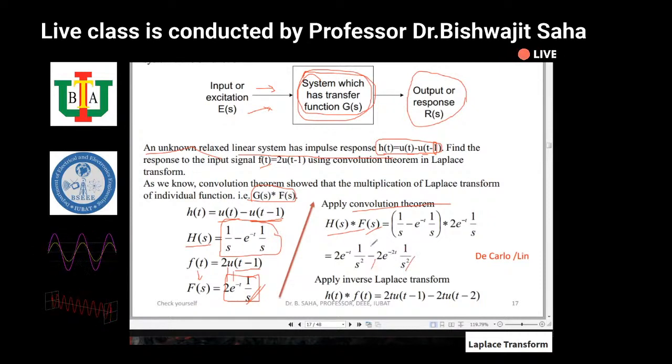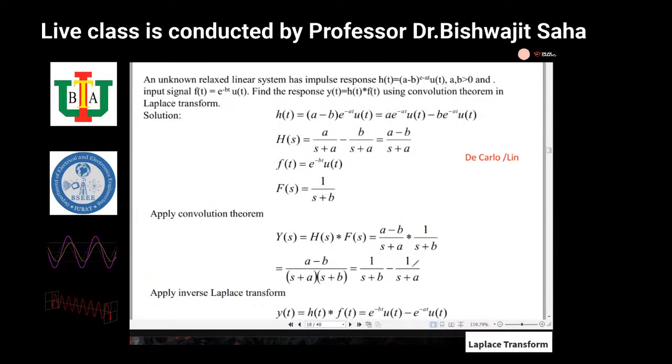It is very simple. In the first term, we get 2 e to the power minus s over s squared. In the second, e to the power minus s and e to the power minus s become e to the power minus 2s, multiplied by 1 over s squared. Everybody understand this multiplication? Yes, sir.